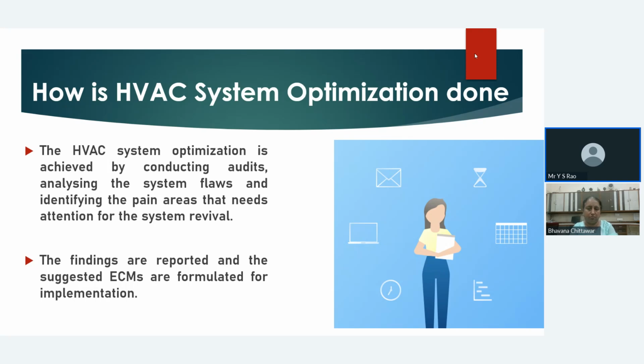The next step is that all the observations should be reported to the client, combined with the proposal for energy conservation measures as a solution to the hitches for system revival. And let the client take a call on it.